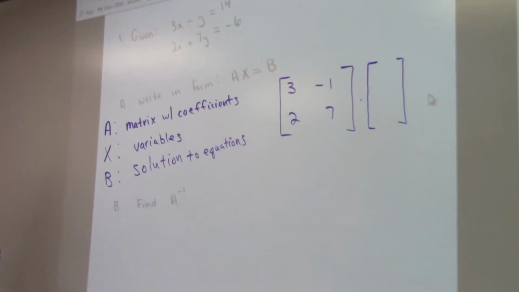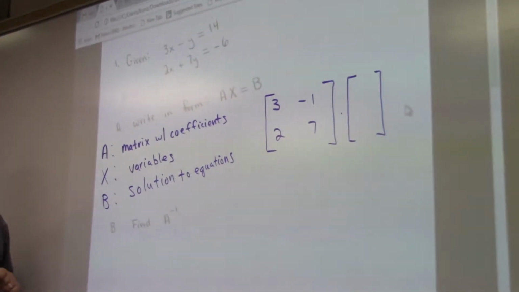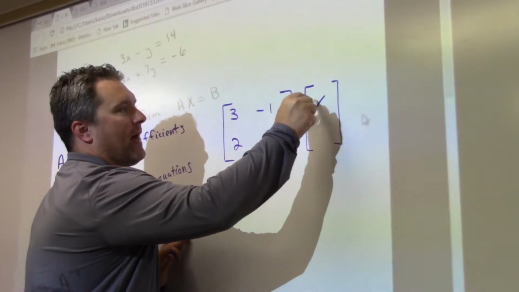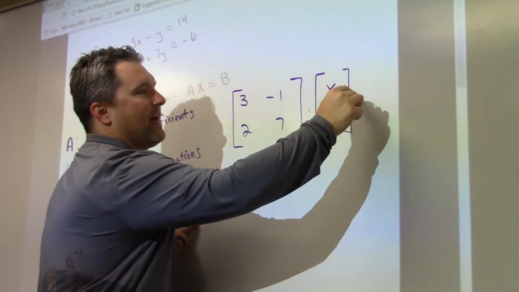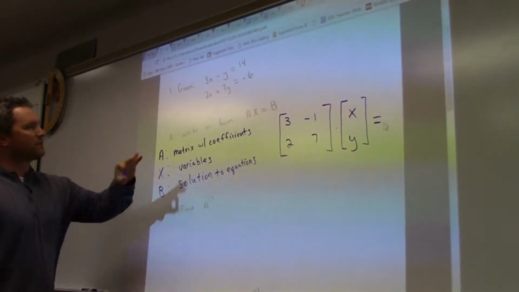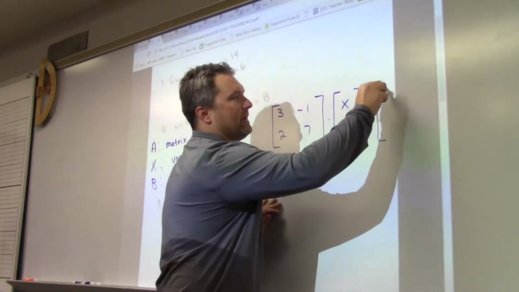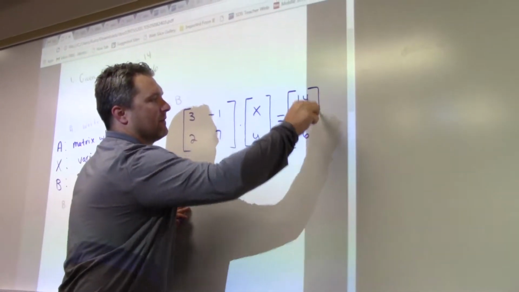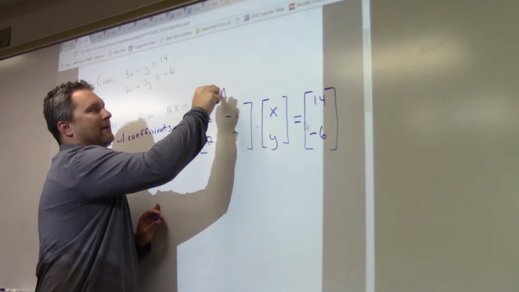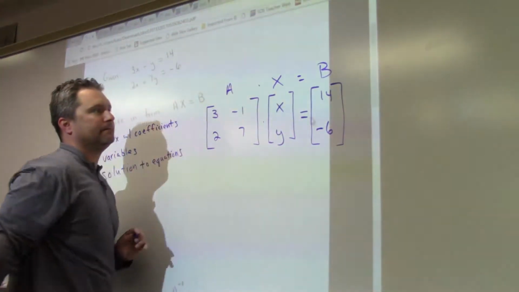And what are the variables? X and Y. And what does that equal? What's the solution to the equations? 14 and -6. So this is matrix A, this is matrix X, and this is matrix B.